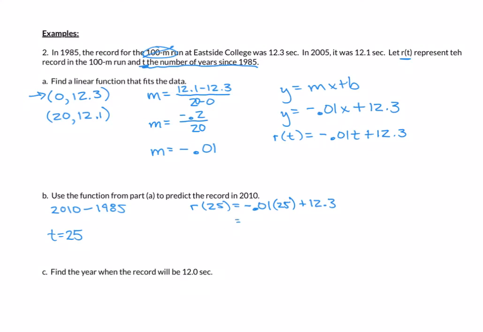All right, if we go ahead and simplify this, we get negative 0.25 plus 12.3. And when I simplify that, I get 12.05. We want to include our correct units, and our correct units are seconds.